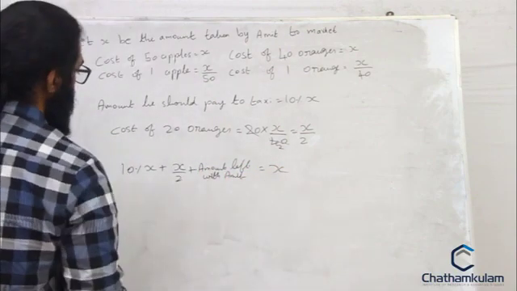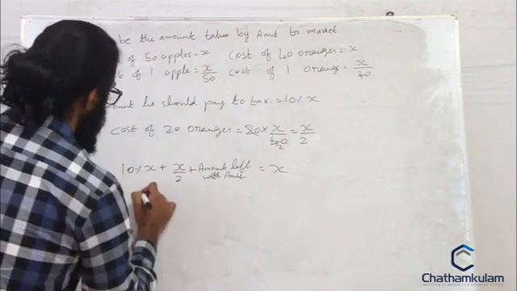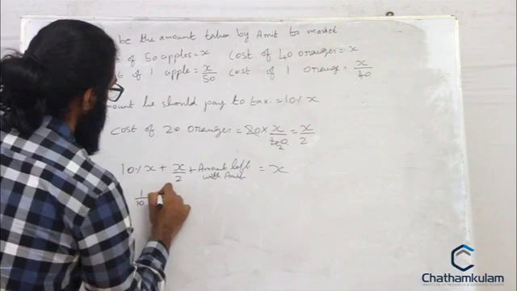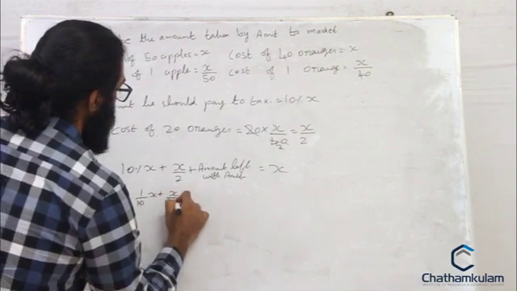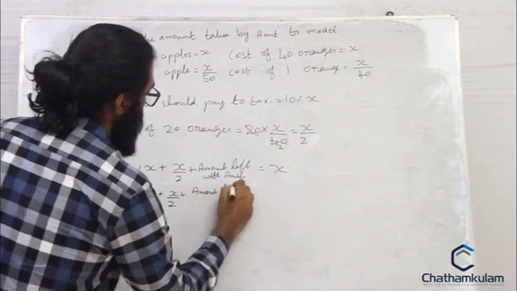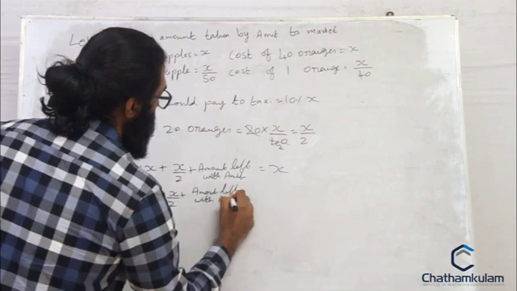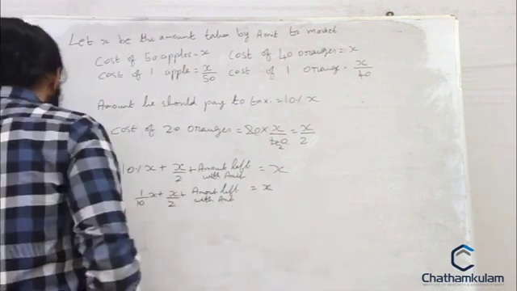So what is 10% of X? It's 10 by 100, that is 1 by 10 X, right? 1 by 10 X plus X by 2 plus amount left with Amit is equal to X, right?